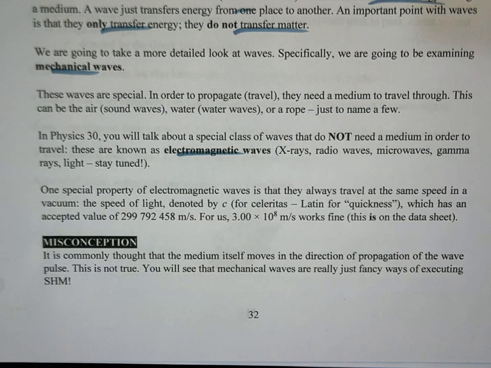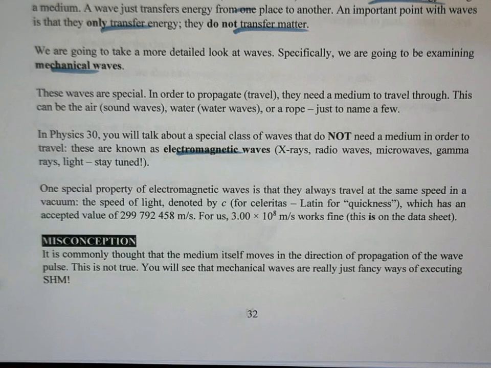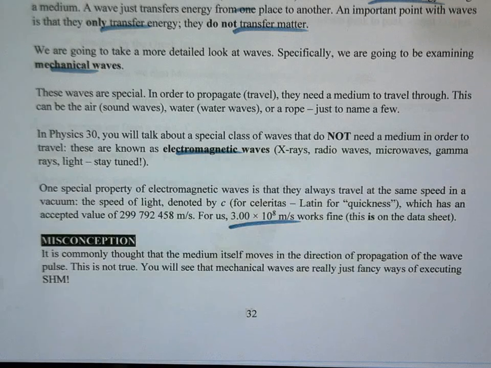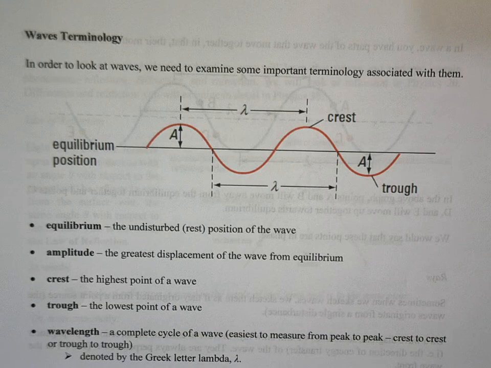The little c is for celeritas, which is Latin for quickness. The accepted value for the speed of light is 299,792,458 meters per second. That's a heck of a mouthful. So for us, 3 times 10 to the 8 meters per second is going to be just fine, and that is located on the data sheet, so please do not memorize that number. We will use it a little bit in this unit.